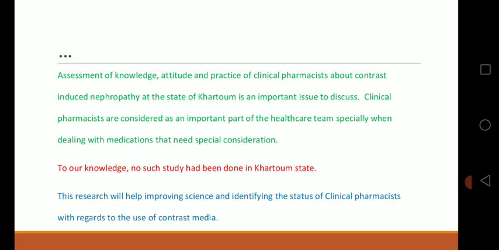Then I said that clinical pharmacists are considered an important part of the healthcare team, especially when dealing with medications that need special consideration. In this first part I explained the purpose of my research. Why do I want to do this research? I want to assess knowledge, and I want to do it on pharmacists. Why? Because pharmacists are important healthcare workers.